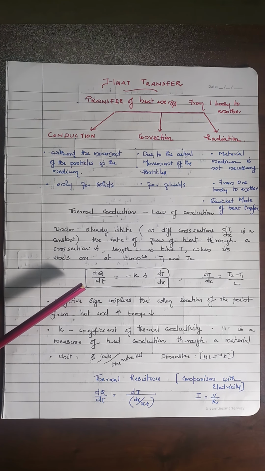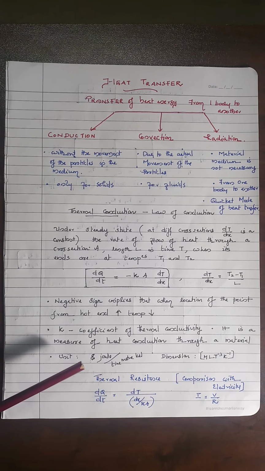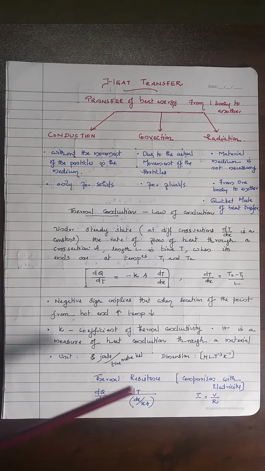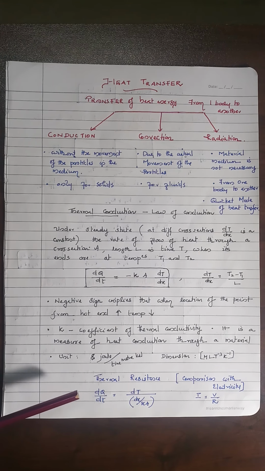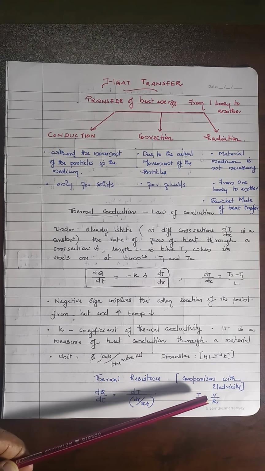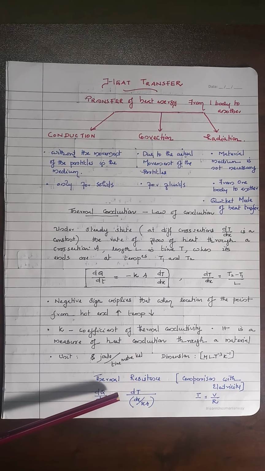While solving the problematic situations, you must compare that conduction process with electricity. There we can say the flow of charge I is equal to the potential by distance. Similarly, here you can compare, in place of current, the rate of flow of energy, and in place of potential, the change in temperature.